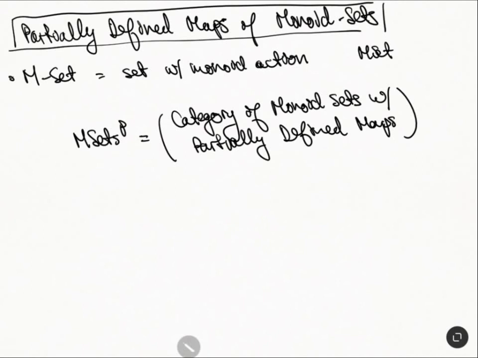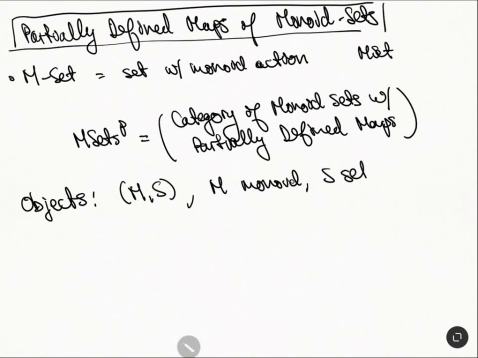So the objects here consist of M and S, where M is a monoid and S is a set, and M acts on S with an action.